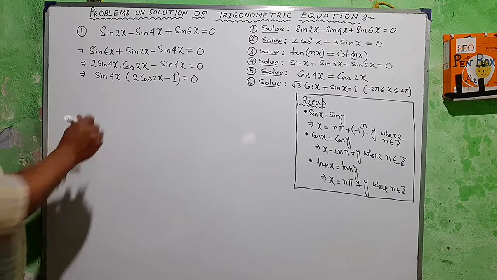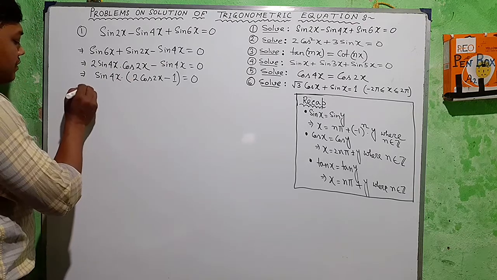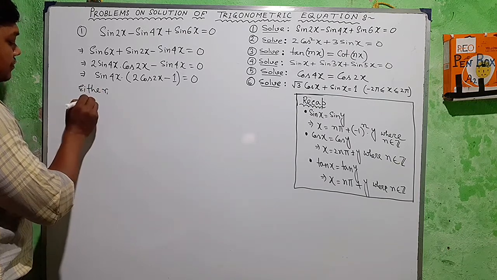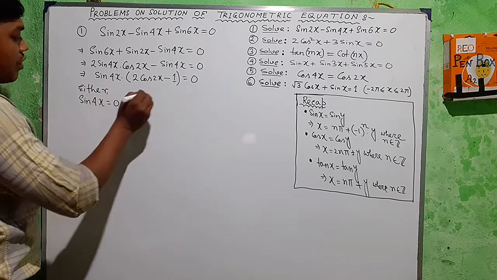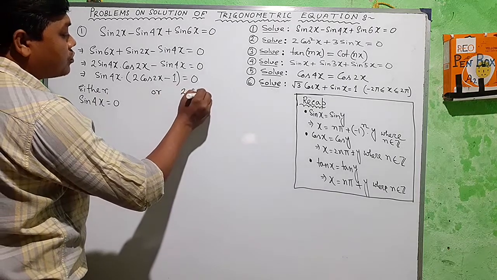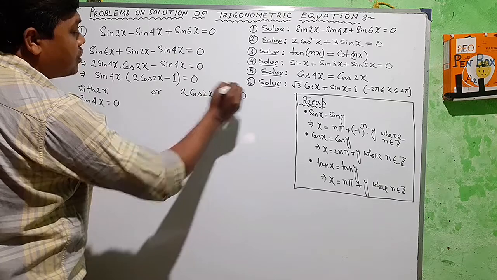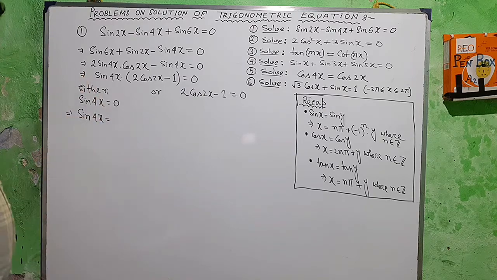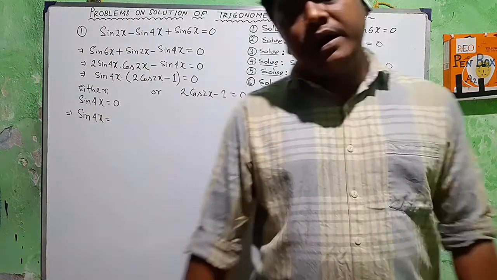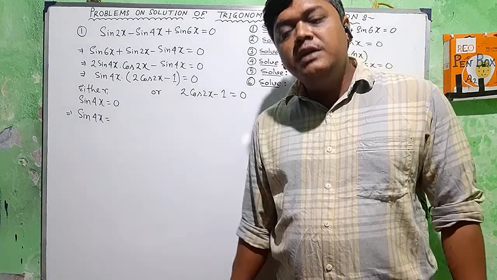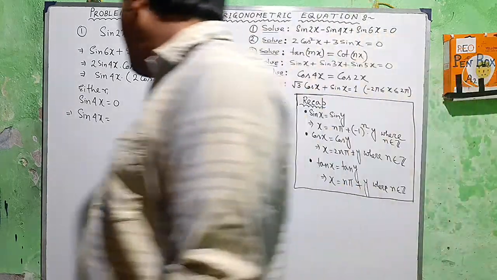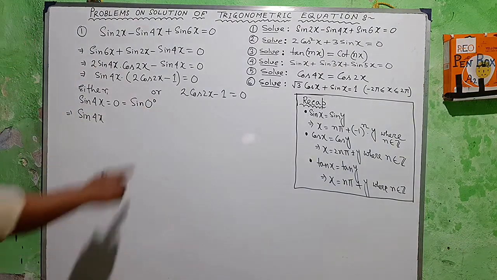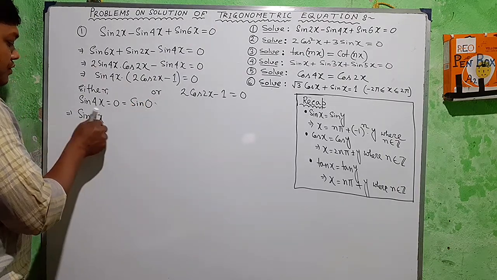Since the product of these two is 0, either sin 4x equals 0, or 2 cos 2x minus 1 equals 0. From the first equation, we know that sin 0 is 0, sin pi is 0, sin 2 pi is 0, sin 3 pi is 0. In general, sin n pi is 0. So sin 4x equals sin 0.